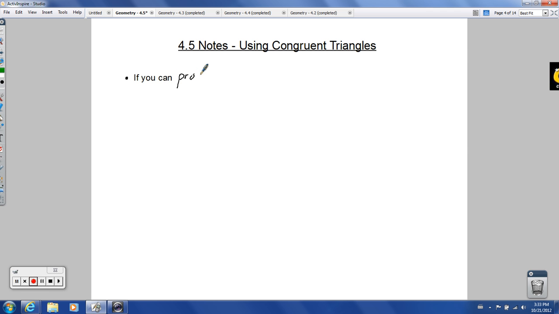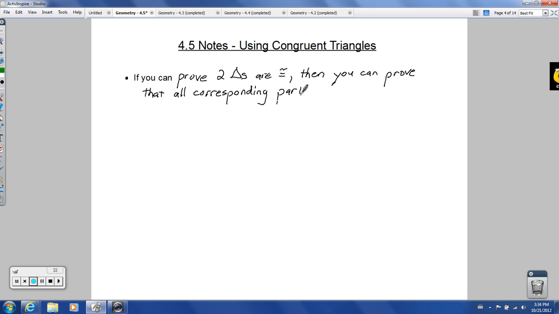If you can prove two triangles are congruent, then you can prove that all corresponding parts are congruent as well.